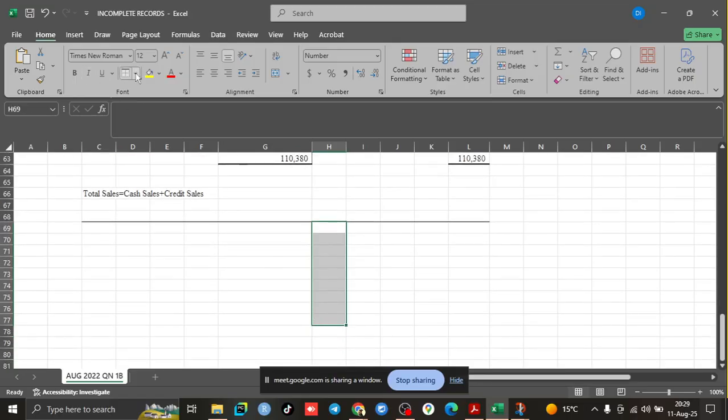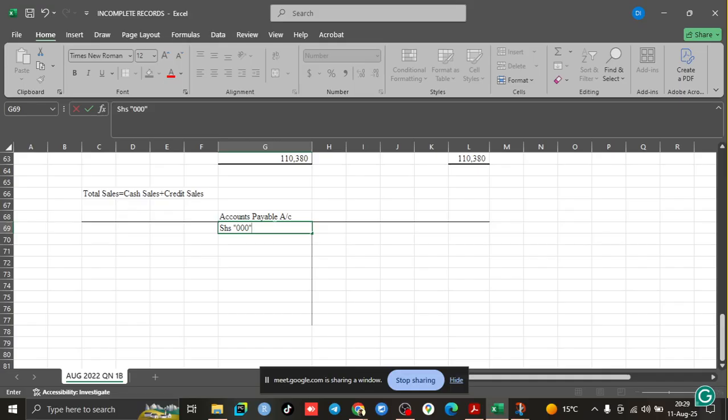The same case for purchases, once in accounts payable account. The reason we have to do hivyo ni lazima during the year kuna some credit purchases or credit sales we made. So we have to determine tuone these credit purchases na these credit sales zinatofautianaje.